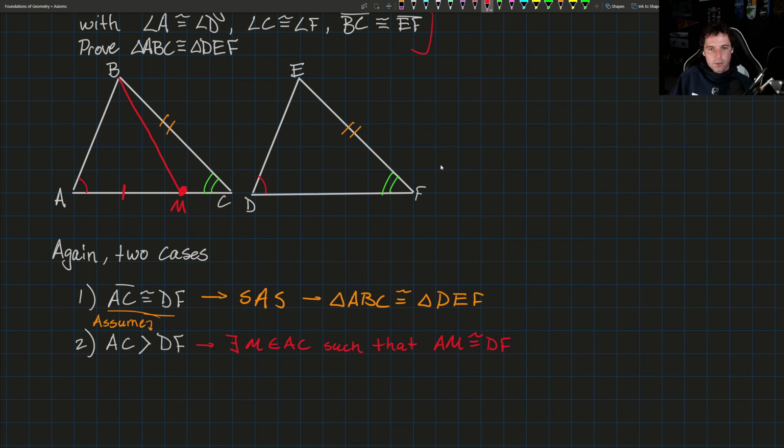So then this is congruent to this. And then we have that these two triangles are congruent by SAS again.